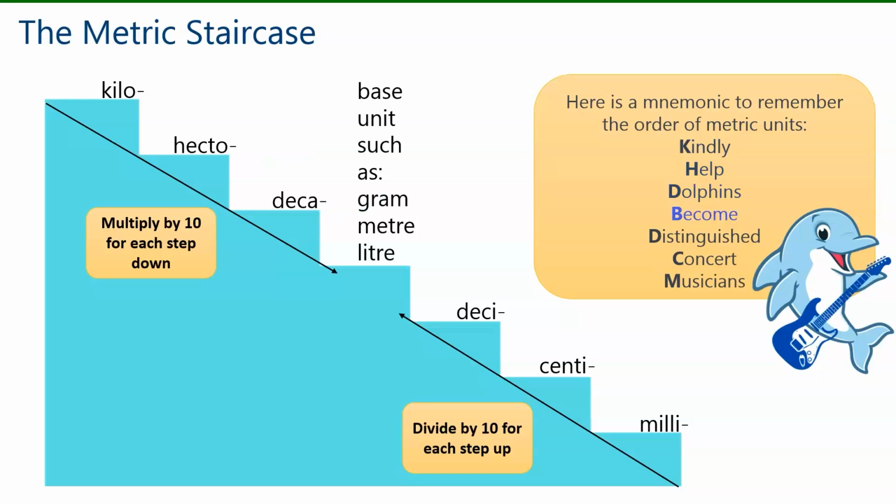The B in become stands for base unit. The D in distinguished stands for deci. The C in concert stands for centi. And the M in musicians stands for milli. You can make up your own mnemonic or Google. There's lots of mnemonics out there to help you remember the order of the units on the metric staircase.